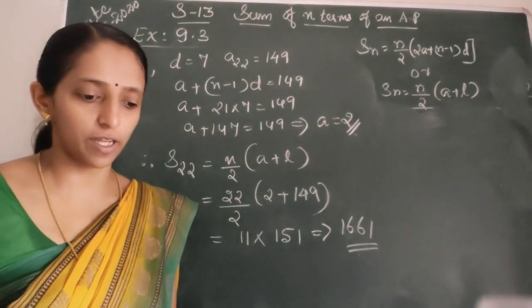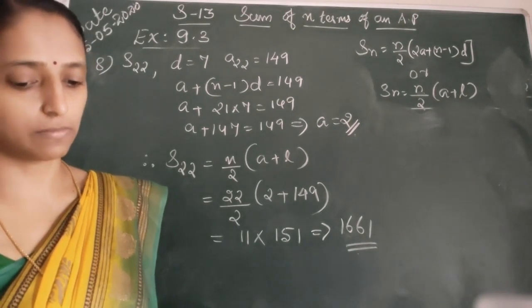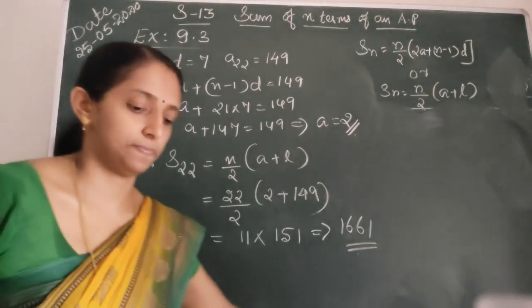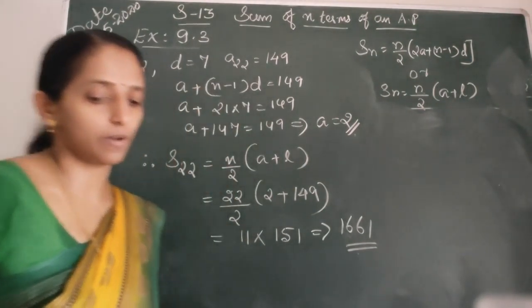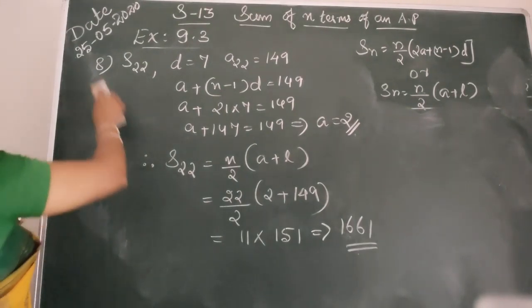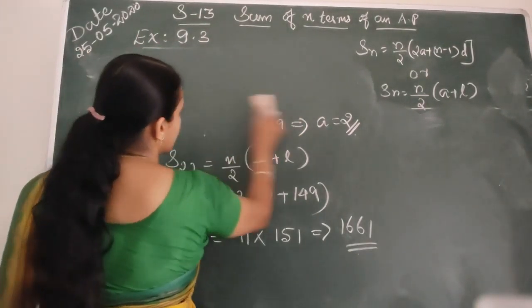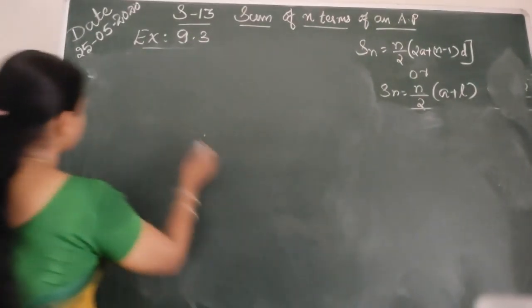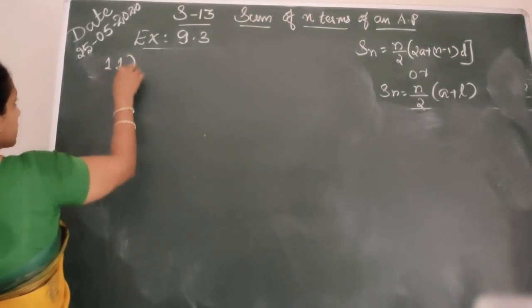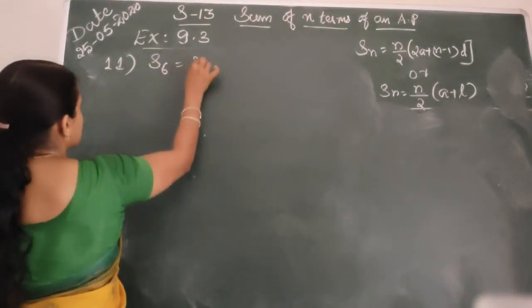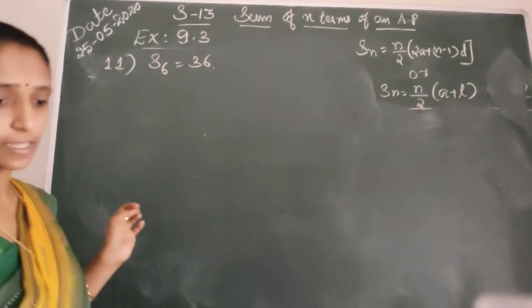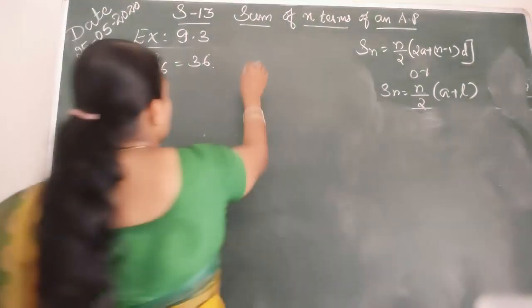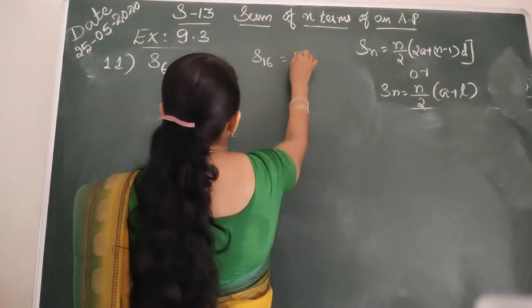Question number 8 over, then take out question number 11. If the sum of first 6 terms of an AP is 36, and the sum of first 16 terms is 256.